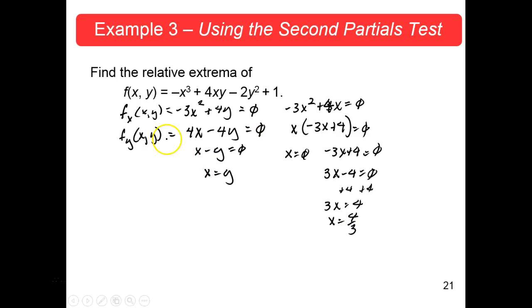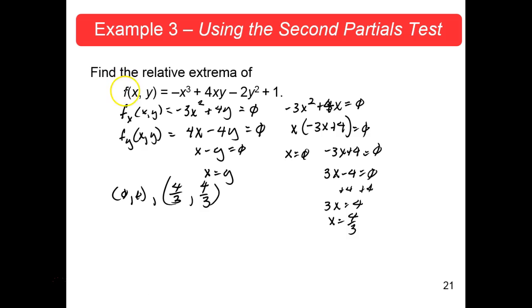But x has to equal y, so there are 2 places, at 0, 0, or at 4/3, 4/3. So there are 2 points in question.